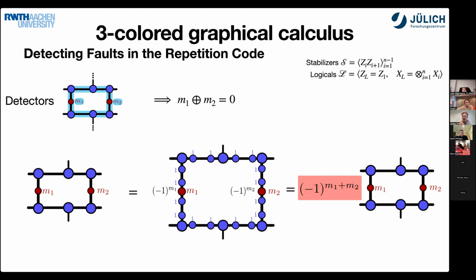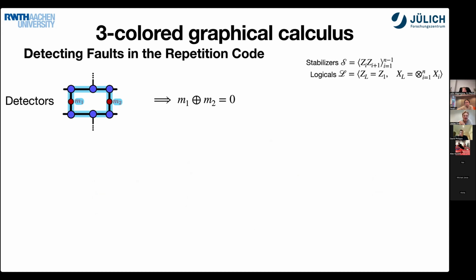How is that? Let's say we place some fault, say a single qubit X fault, in our network after the first ZZ measurement. Then this constraint from before changes. In particular, instead of evaluating to 0, the sum of these measurements would evaluate to 1.